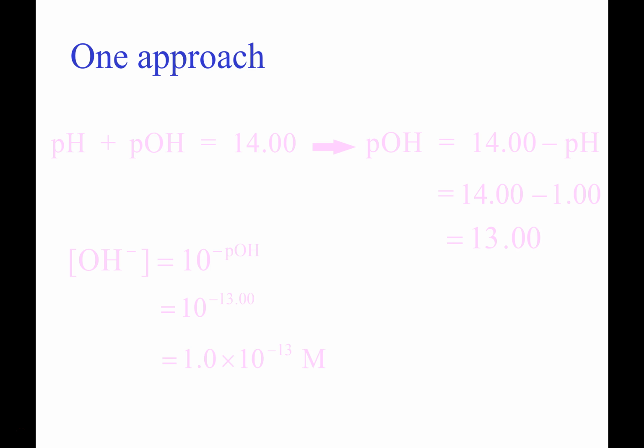So that's one approach. Let's try another approach. Alternatively, we could go for the hydroxide ion concentration first. Remember we had the hydrogen ion concentration, that was 0.10 molar. And we know at 25 degrees Celsius, this is the relationship between the hydrogen ion and the hydroxide ion.